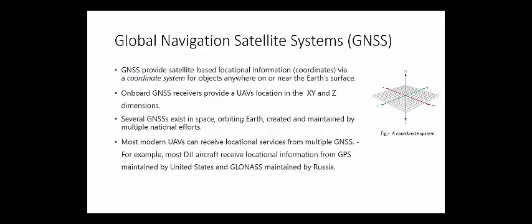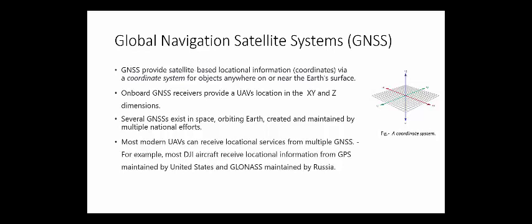Onboard GNSS receivers provide a UAV's location in the X, Y, and Z dimensions. The graphic to the right demonstrates a simple Cartesian coordinate system.